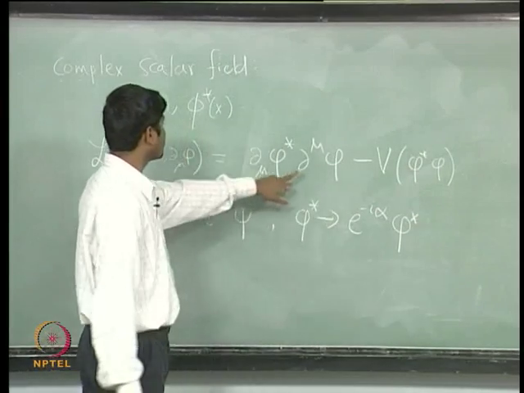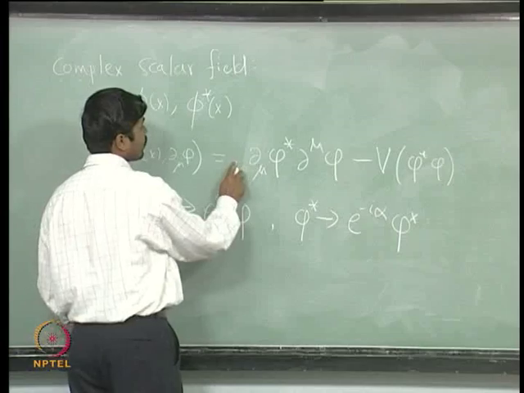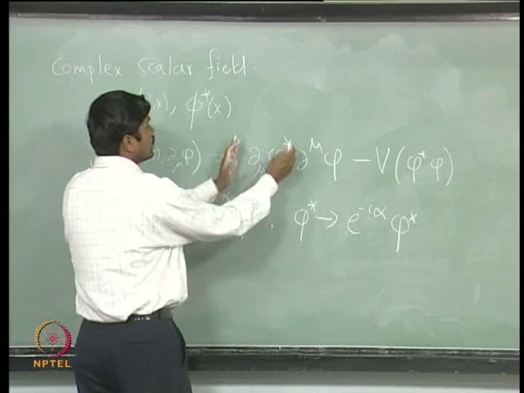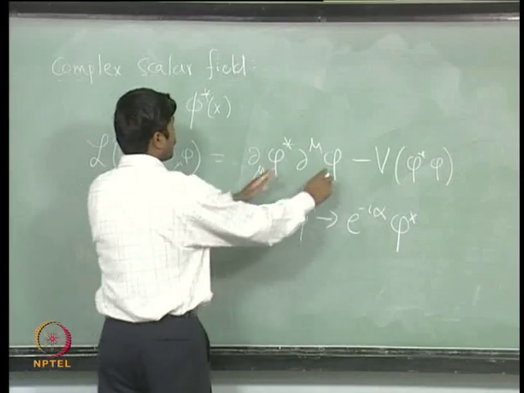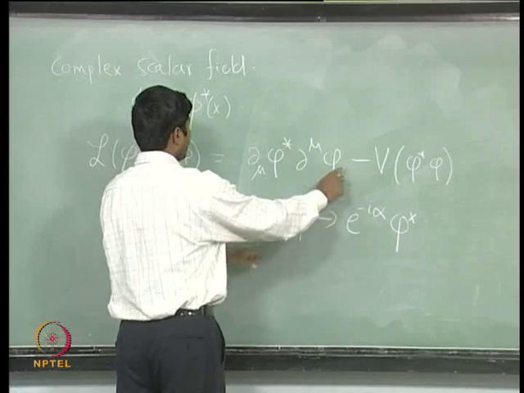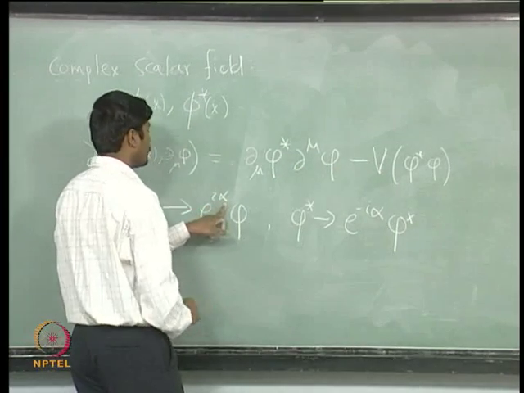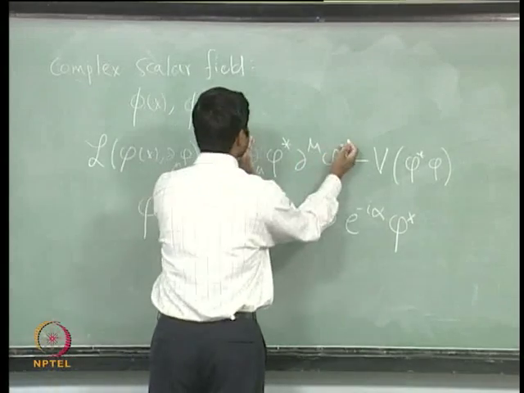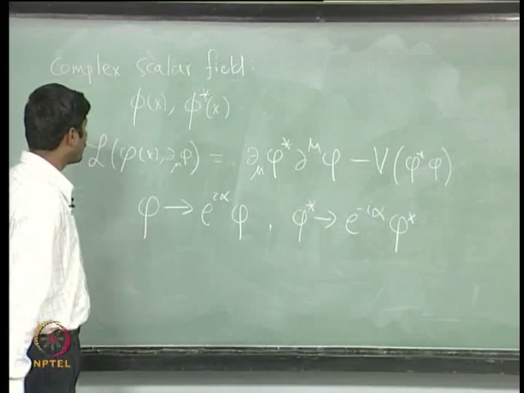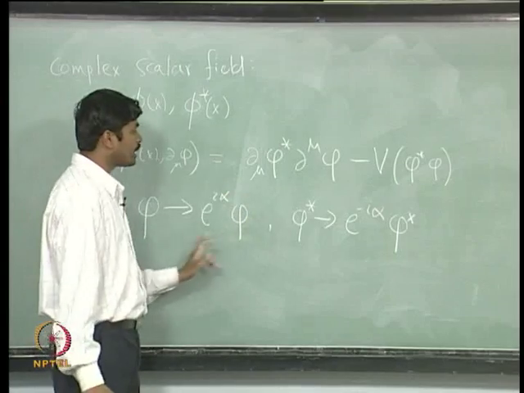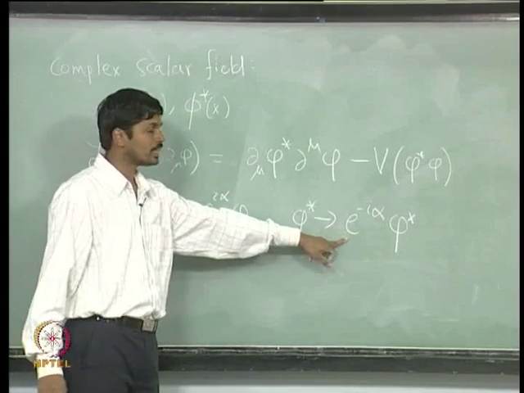In the kinetic term, you get an e to the power minus i alpha from the first term and e to the power plus i alpha from the second term. Because alpha is a constant, it does not depend on space-time variables, and hence the kinetic term also remains invariant. So, such a system is invariant under a continuous global symmetry.